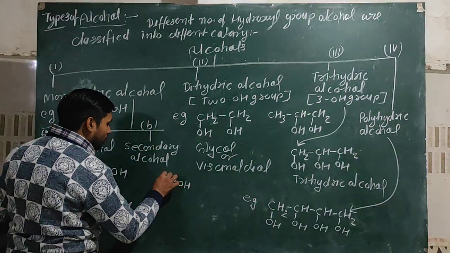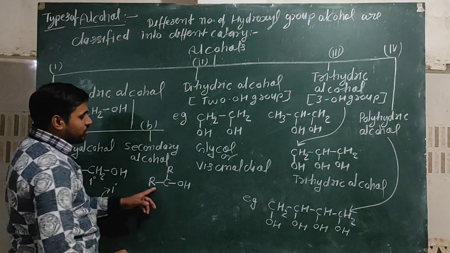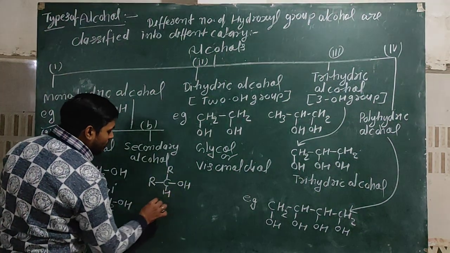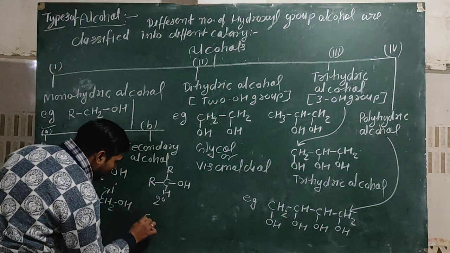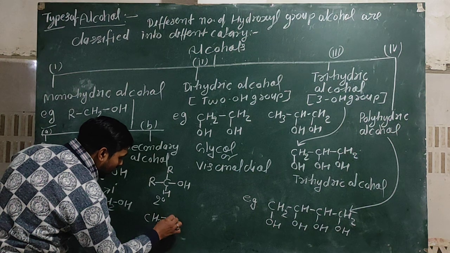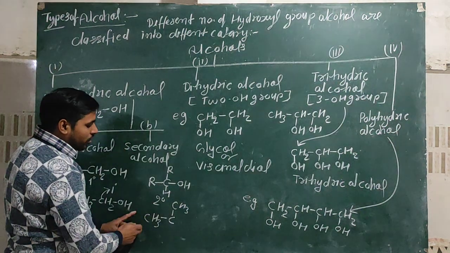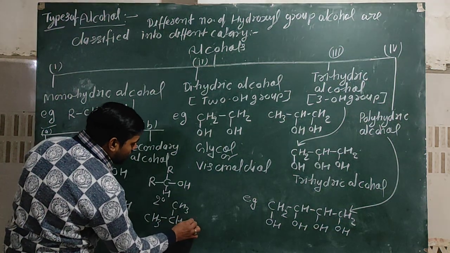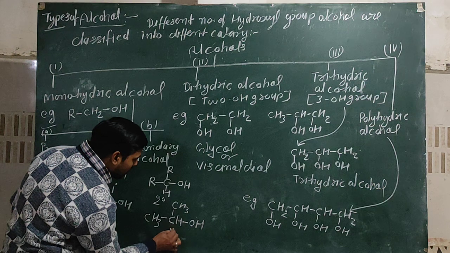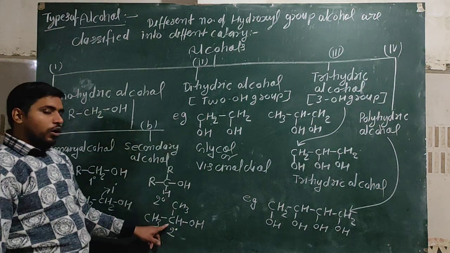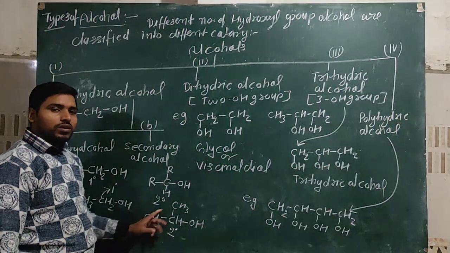When the alcoholic carbon contains 2 alkyl groups in its structure, then it is known as secondary alcohol or 2 degree alcohol. For example, CH3, also known as methyl. 2 methyl groups are directly bonded with the carbon, and the carbon contains one OH group. Okay, this carbon is known as a secondary carbon or 2 degree carbon because it contains two alkyl groups in its structure.